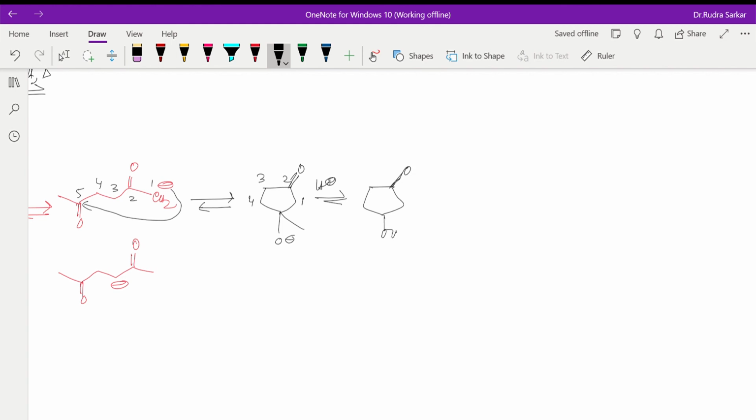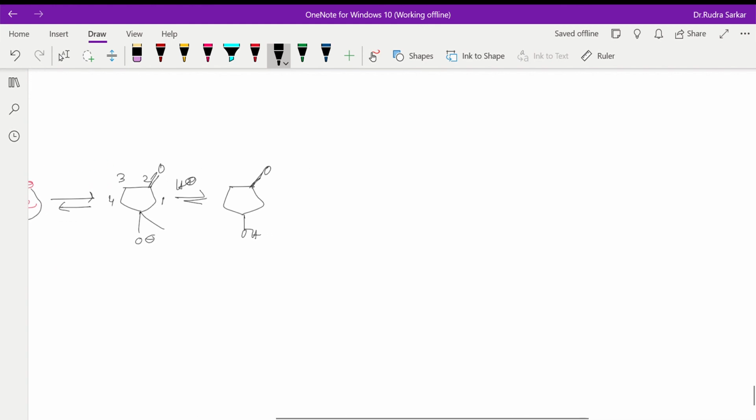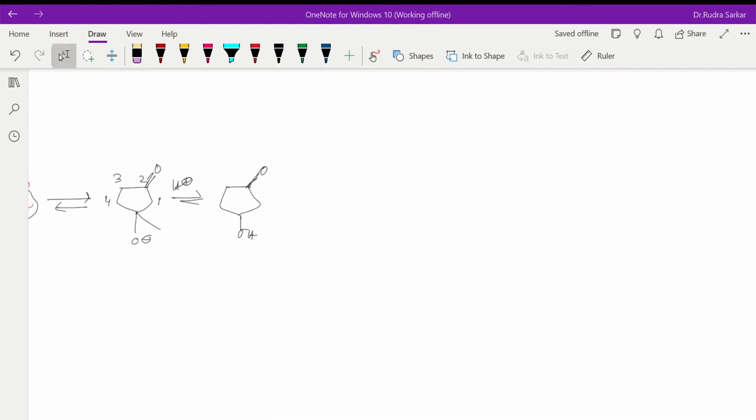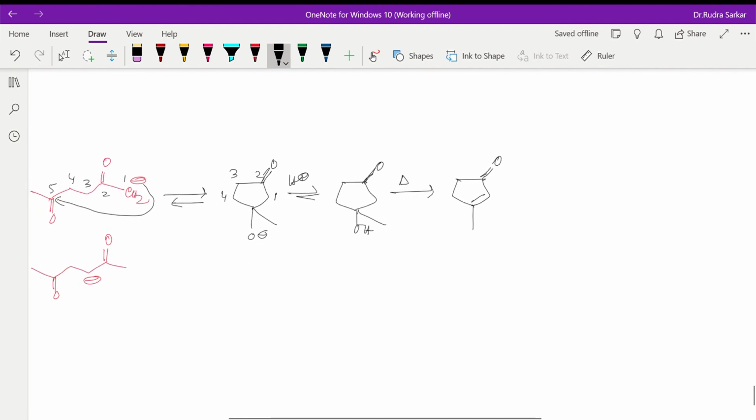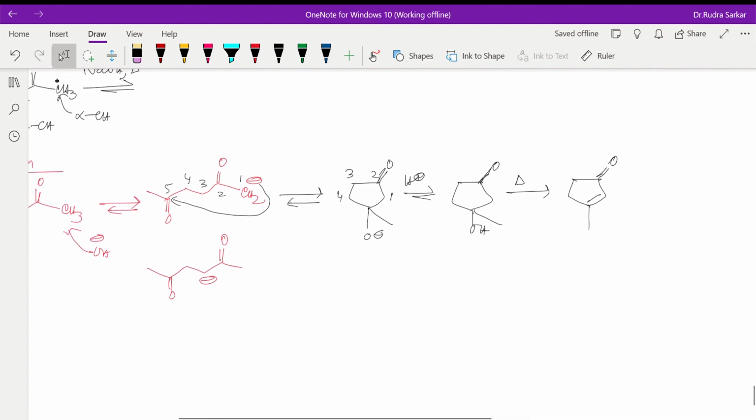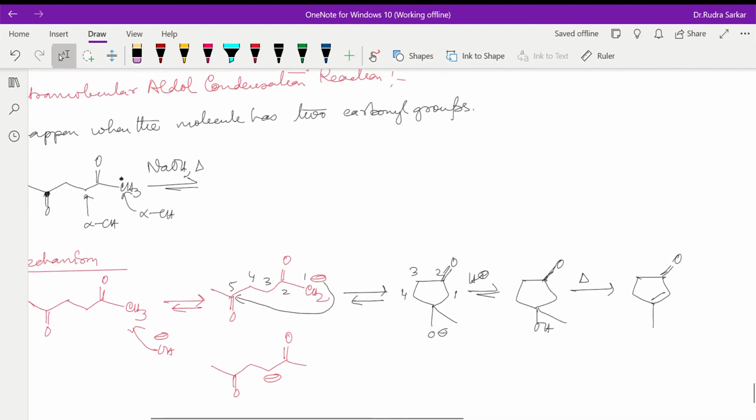So this is your aldol type product, which obviously under heating conditions undergoes elimination to give you the alpha beta unsaturated cyclic ketone. So this is my product.